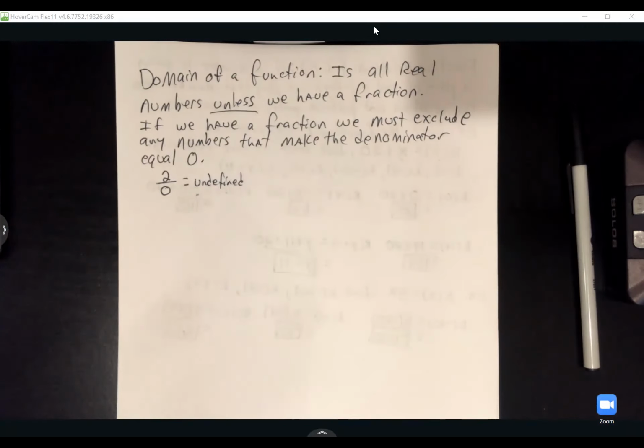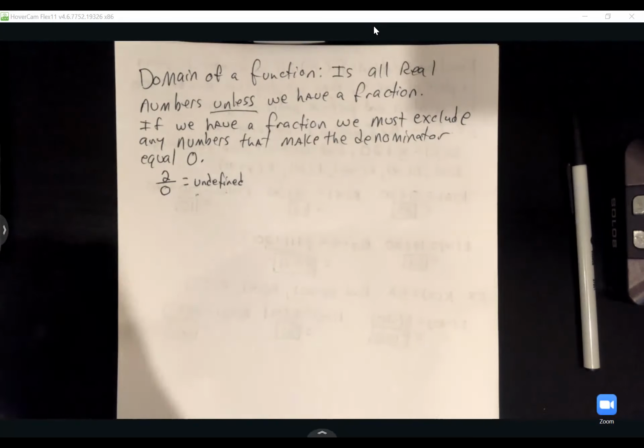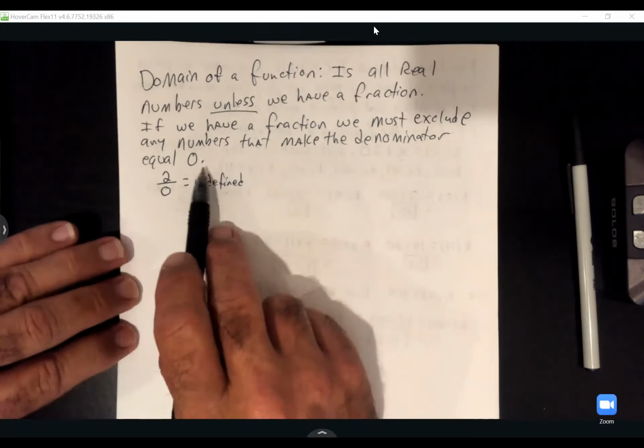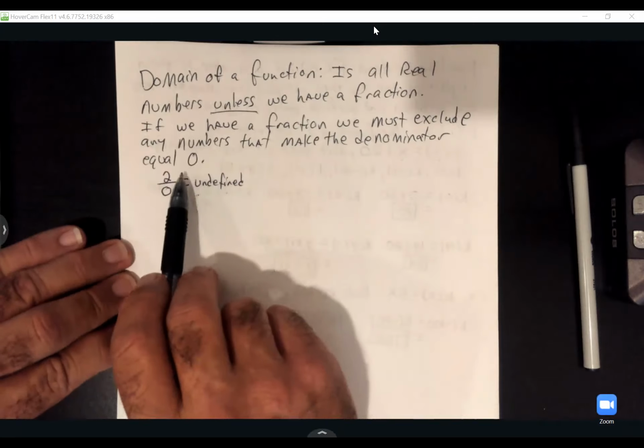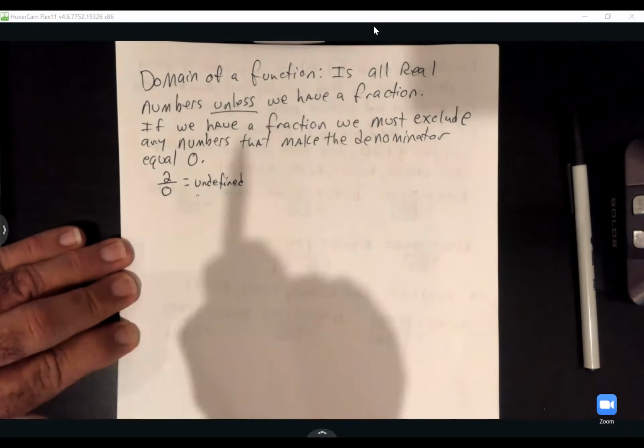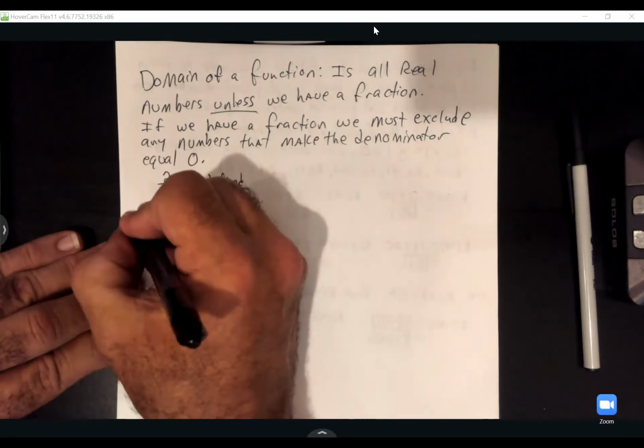Now, we don't care about the top. You can do 0 divided by 2. 0 divided by 2 is 0. But what we can't do is take the 2 and divide by the 0 on the bottom, okay? So remember, the domain is going to be all real numbers unless we have a fraction.